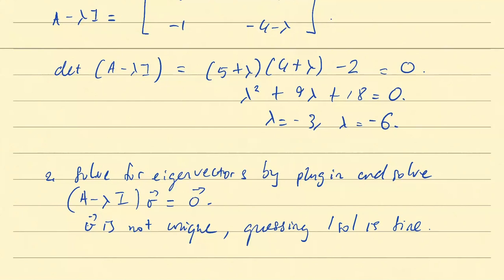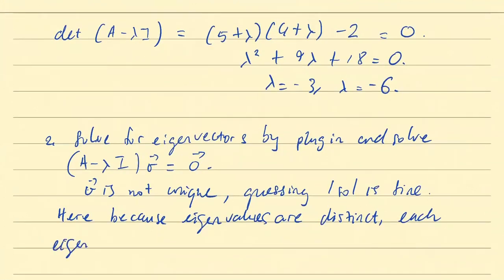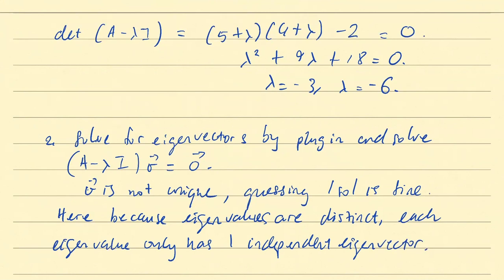Here, because they are distinct eigenvalues, each eigenvalue has one single independent eigenvector only. So guessing one solution is enough.